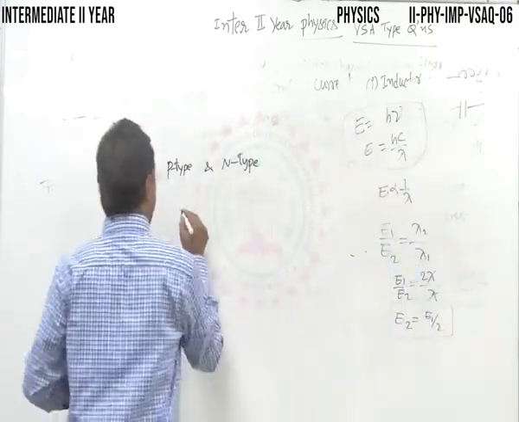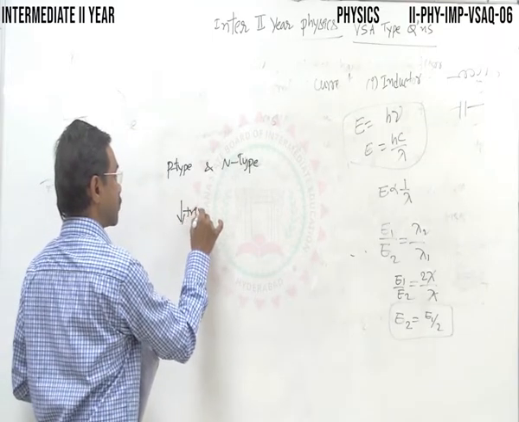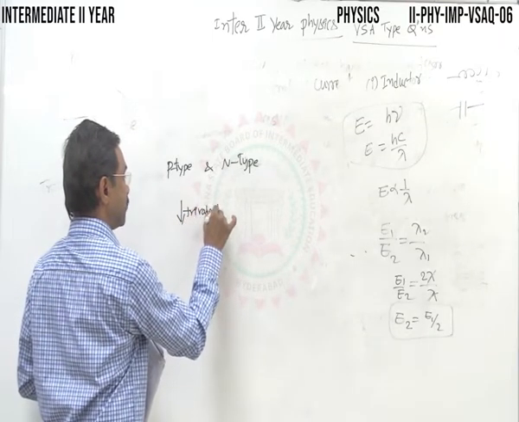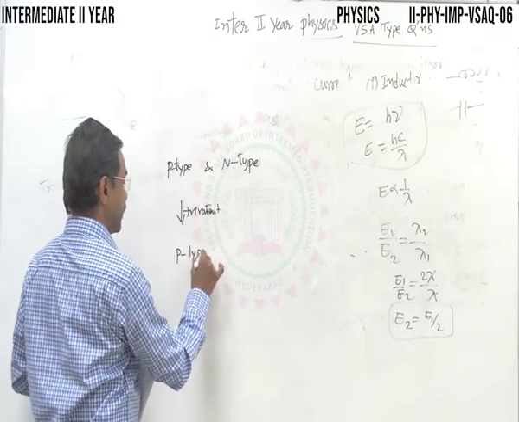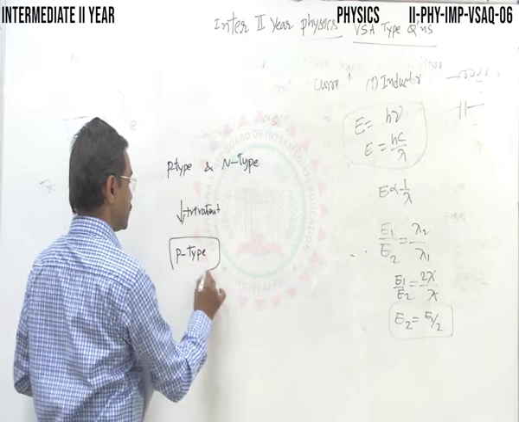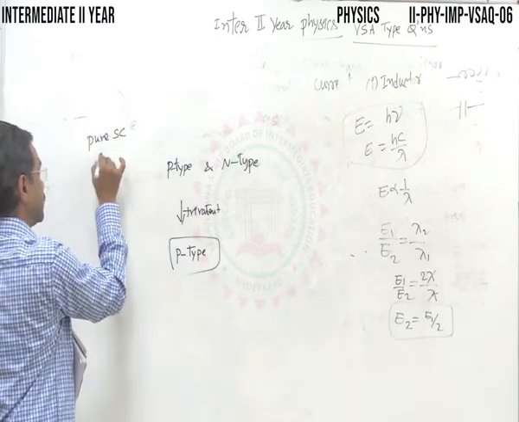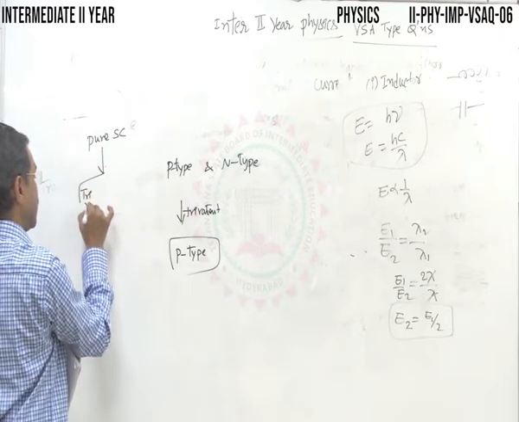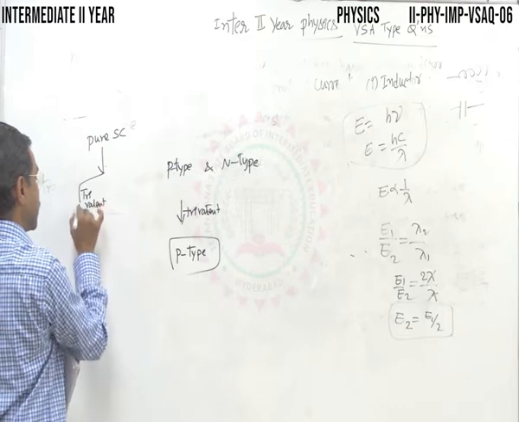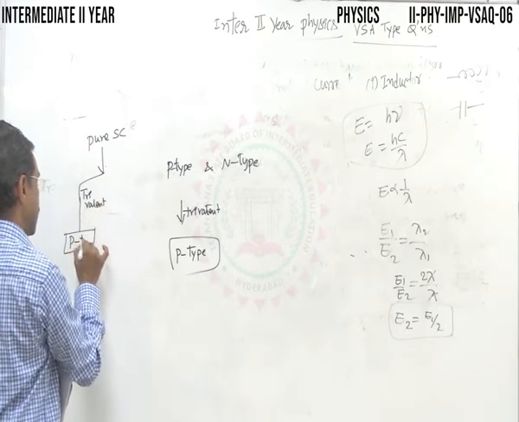On doping a pure semiconductor with a trivalent, third group impurity, it will become a p-type extrinsic semiconductor.